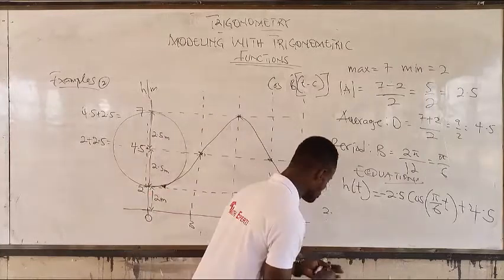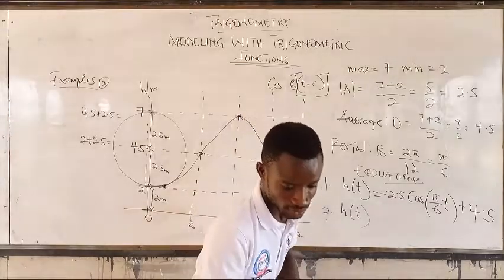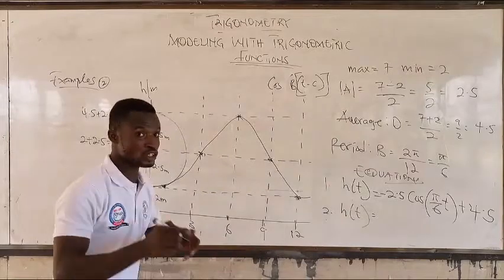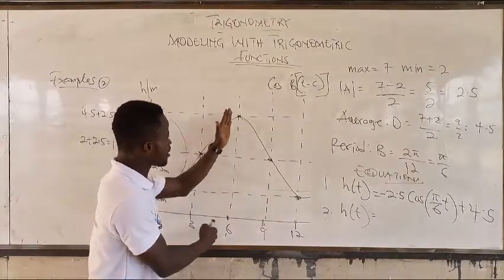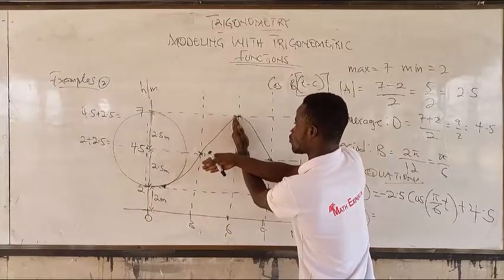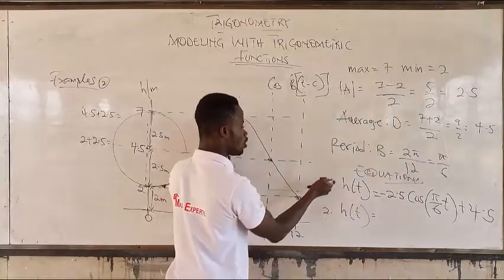In fact, let's write it. H of t will be equal to... We want to use cos, but we are not going to shift it here, but rather here. So this part will cut off, and when it cuts off, it has to come and continue on this side.